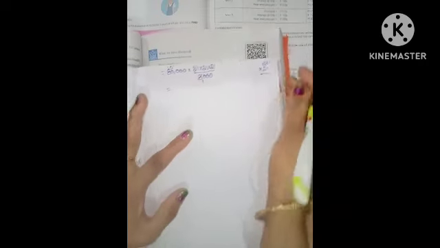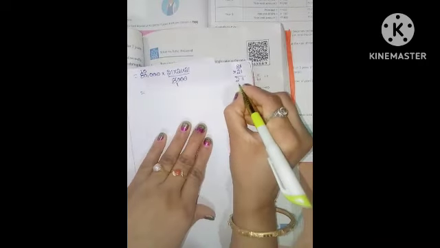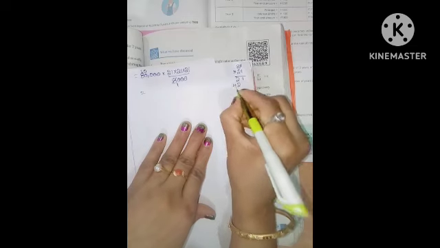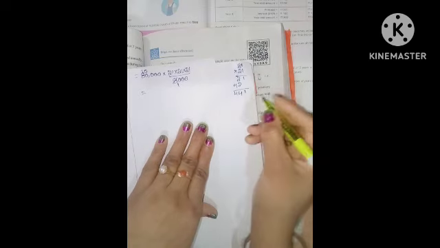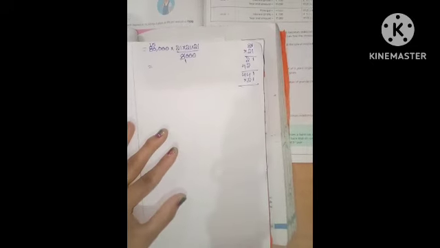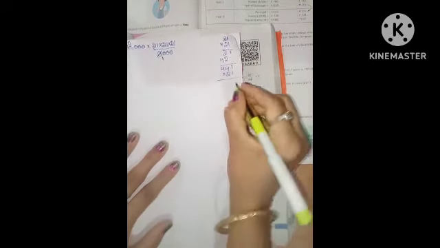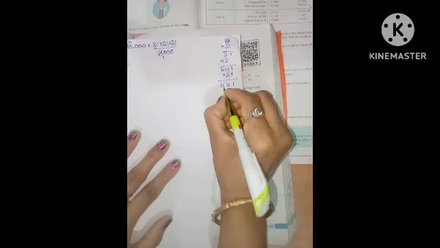21 into 21: 1 1 ja 1, 1 2 ja 2, 2 1 ja 2, 2 2 ja 4. So 1, 2 plus 2 is 4, plus 4: 441, into again 21. This is the rough calculation. 1 1 ja 1, 1 4 ja 4, 1 4 ja 4.